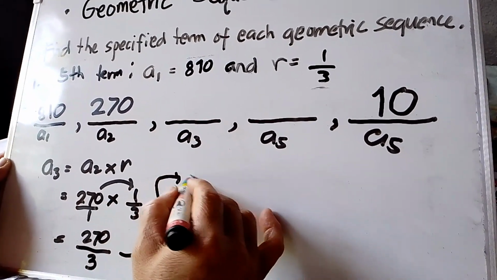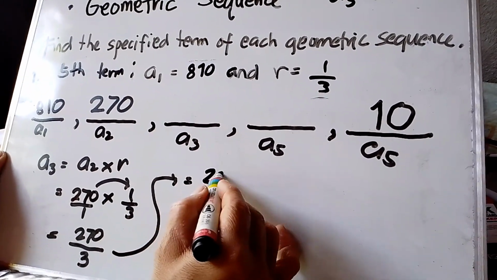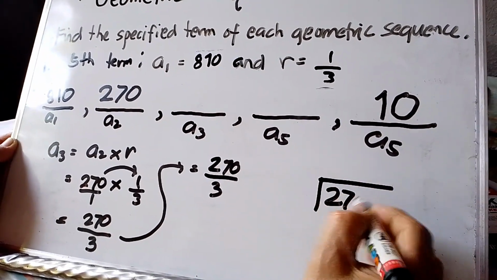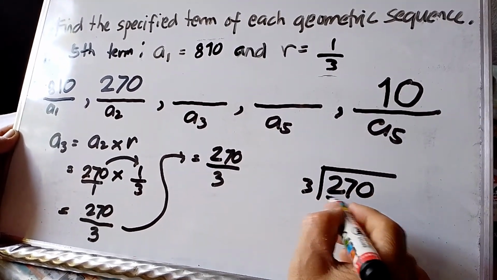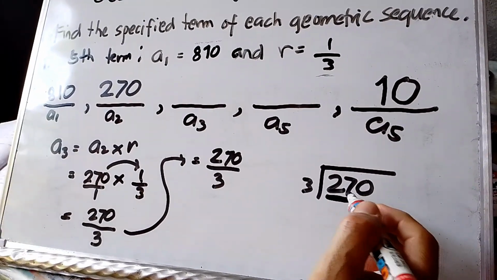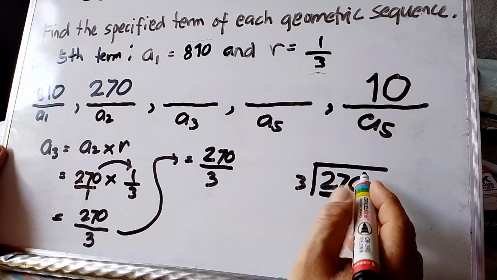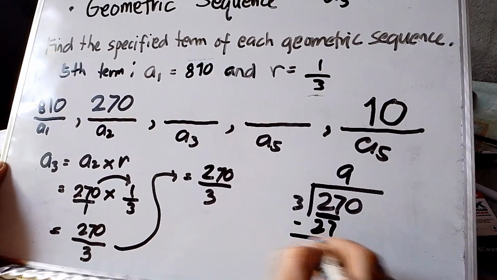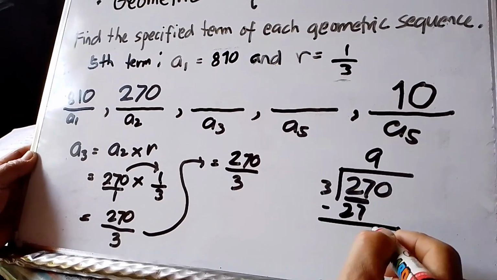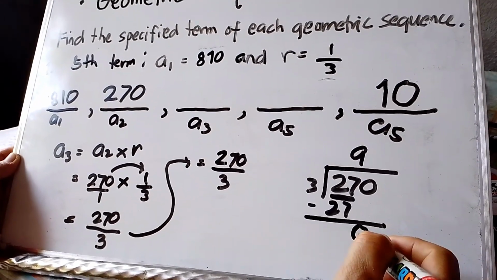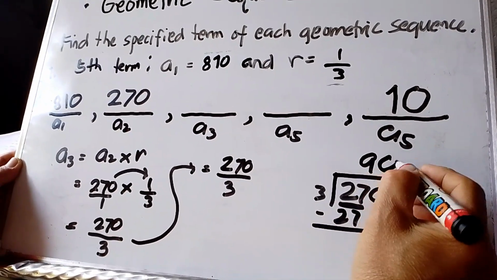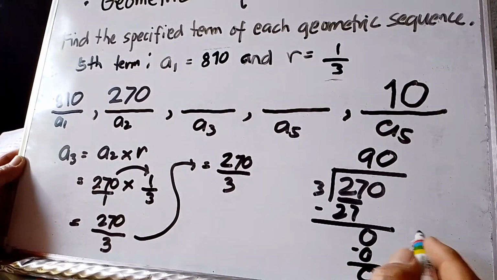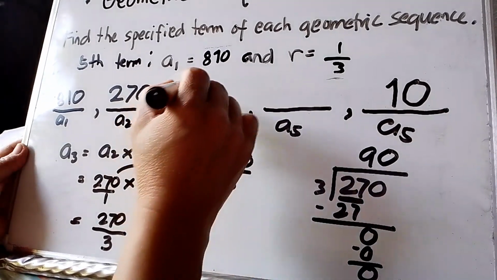So what is 270 divided by 3? So I need these two digits. So 27. How many 3 are there in 27? So I have 9. 9 times 3 is 27. Since this is 0, I need to bring down 0 in here. So 0 divided by 3 is 0. And then multiply by 3, that will be 0. So my a sub 3 is 90.